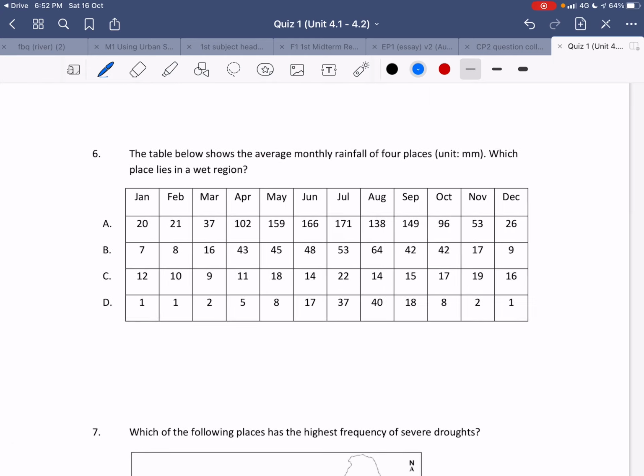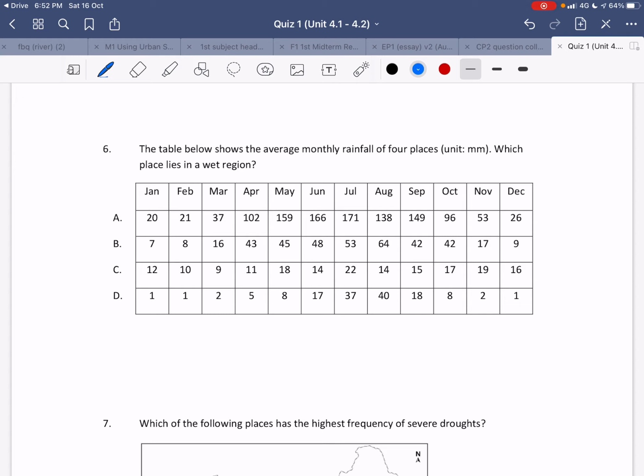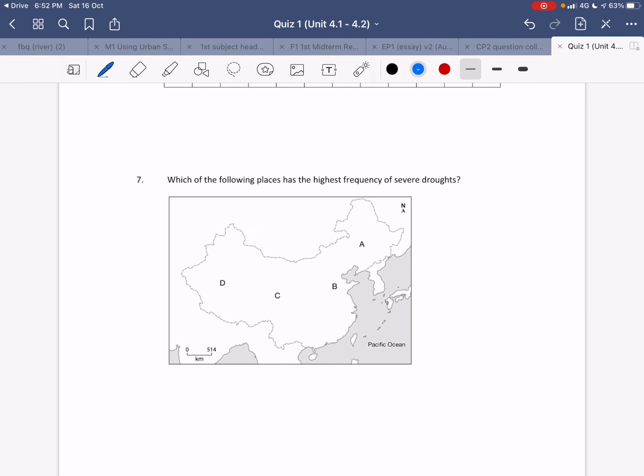Okay, number 6. Which of the following shows the average monthly rainfall of 4 places? Which place lies in a wet region? This one, because it has the largest rainfall. Which of the following is suffering the highest frequency of severe drought?